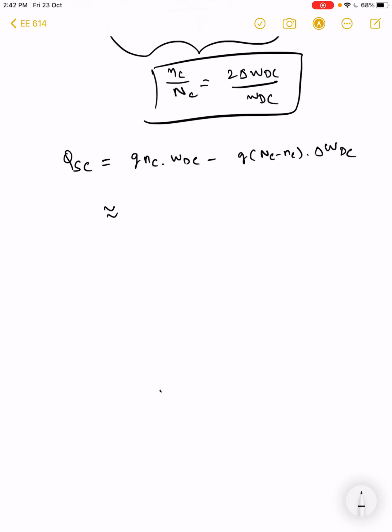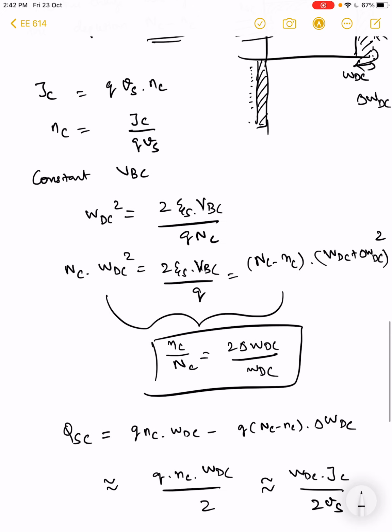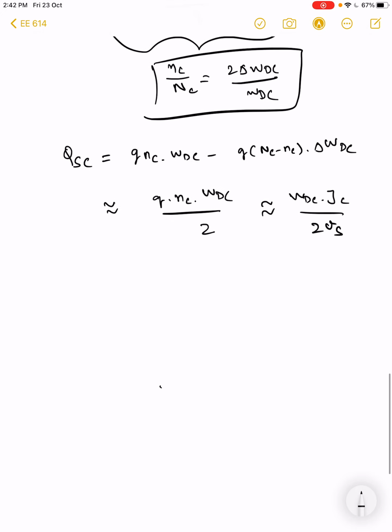And this can be simplified to Q NC WDC by 2, which can be written from the previous definition of nc, right?